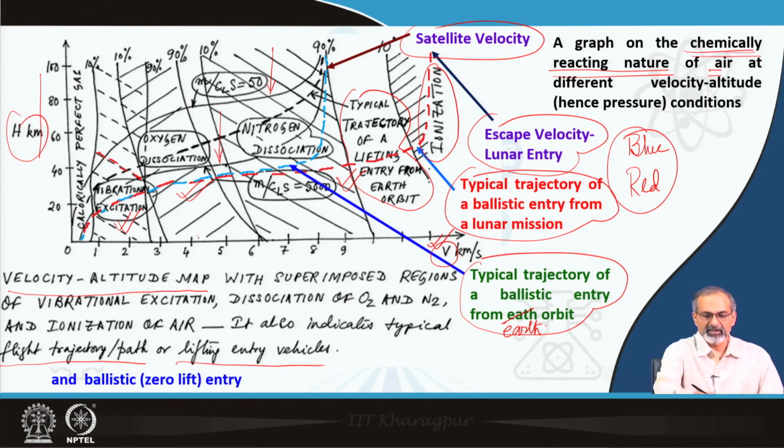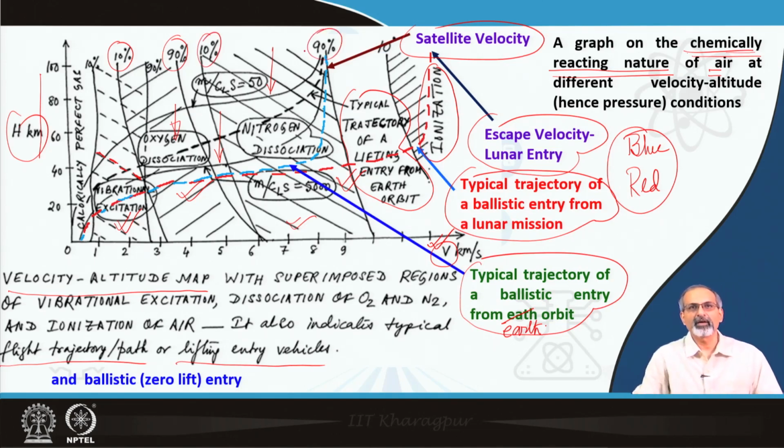Then if you speed up further, you are talking about oxygen dissociation, which spans about 3 to 6 kilometers per second at sea level, and the region sways towards the left slightly, which means it initiates at lower velocities at higher altitudes. And then there comes a region of nitrogen dissociation, starting from 6 to about 10 kilometers per second.